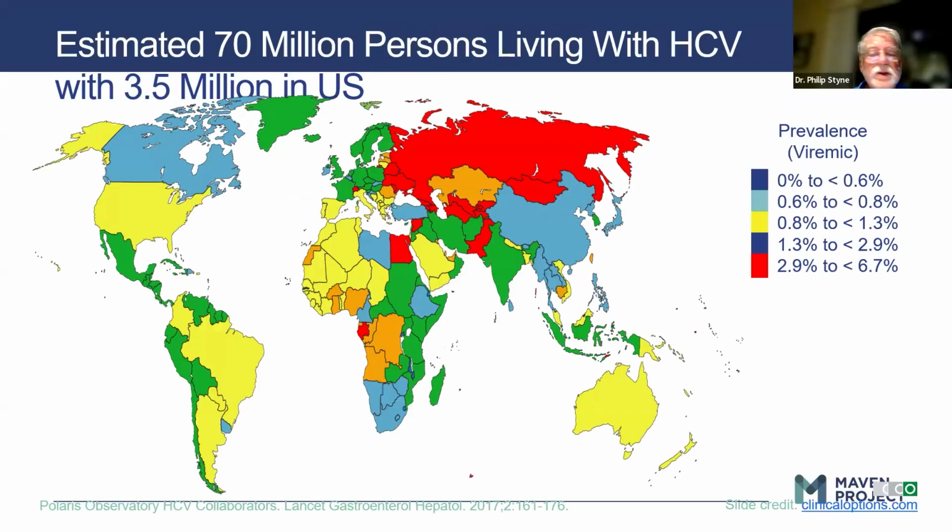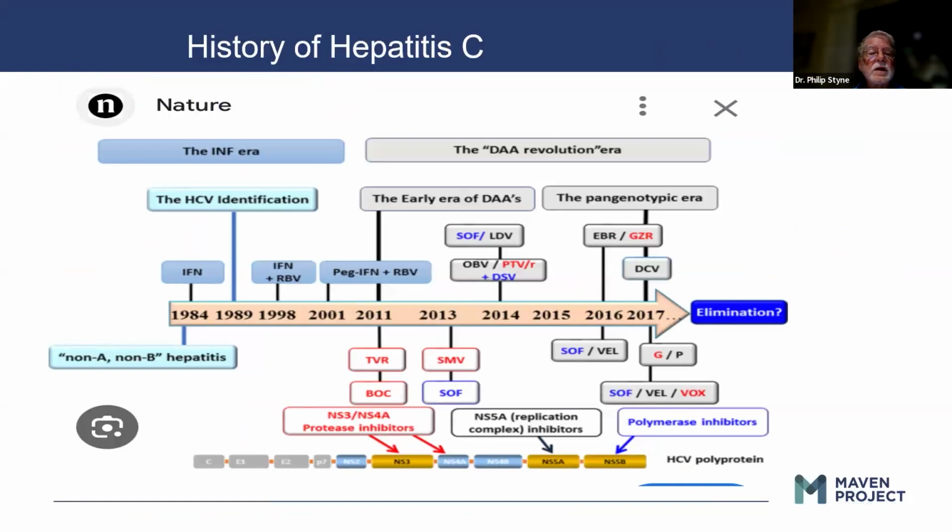So I will admit this is an old slide, and some of the colors somehow got distorted, but as you can see, the United States is sort of in the mid of the population frequency for hepatitis C. Next slide. This is a timeline. There won't be a test, I promise.